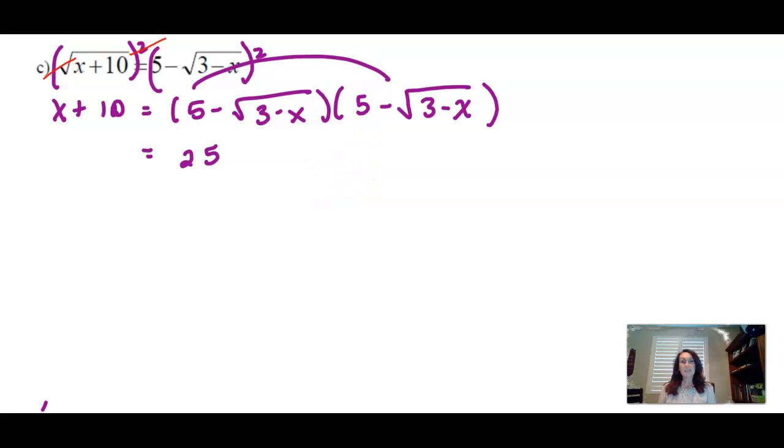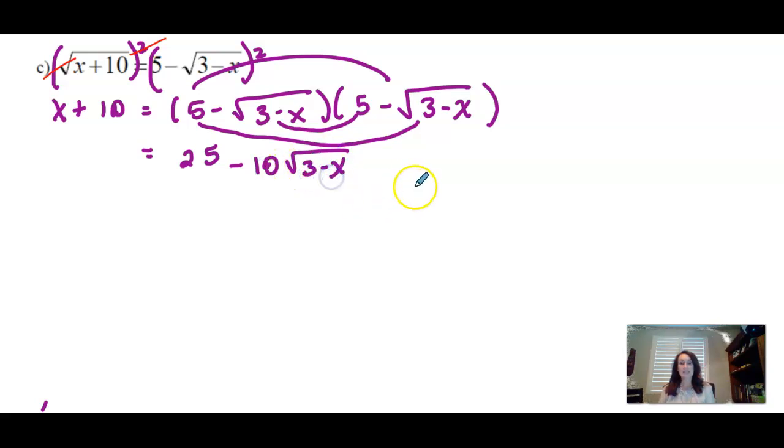And then some of you may struggle with the outside insides. This is a 5 times a negative root 3 minus x and a negative root 3 minus x times 5. And so that's going to give you negative 10 root 3 minus x. So negative 10 root 3 subtract x.